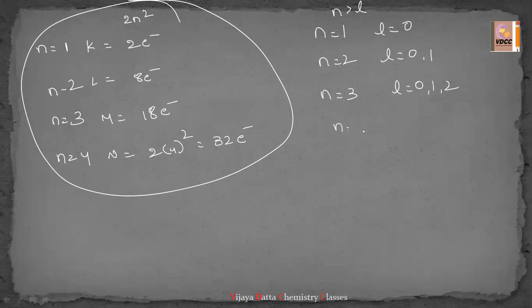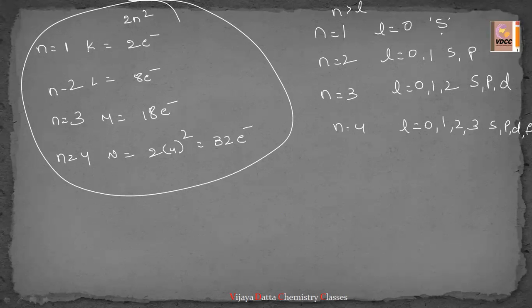When n equals 4, L has 0, 1, 2, 3. Already we designated that 0 is nothing but s orbital, and L equals 1 is p orbital, spd, and here spdf.